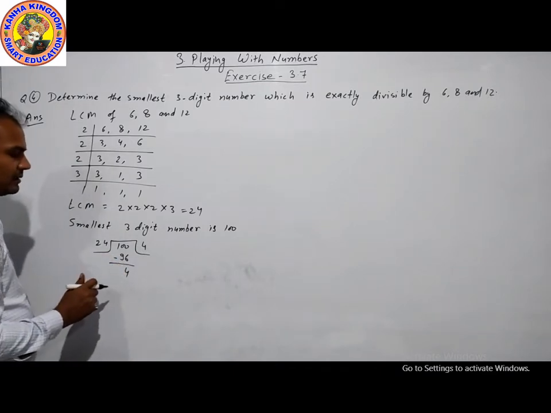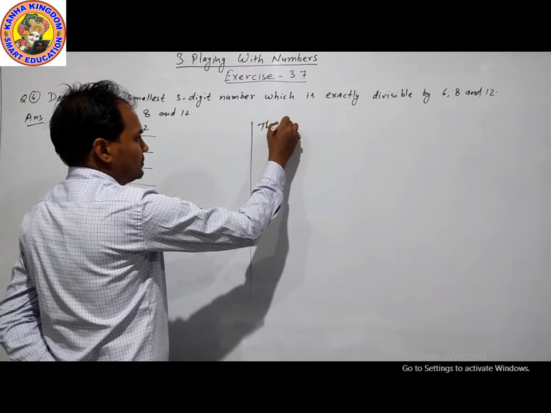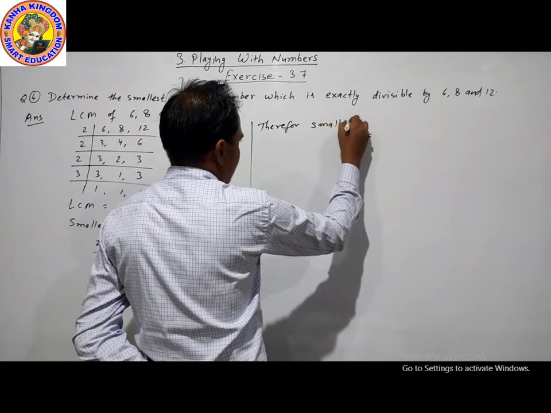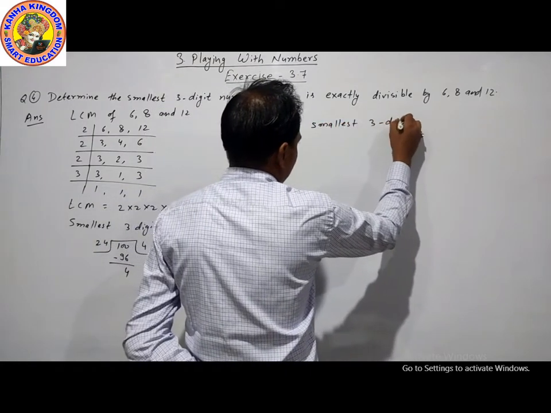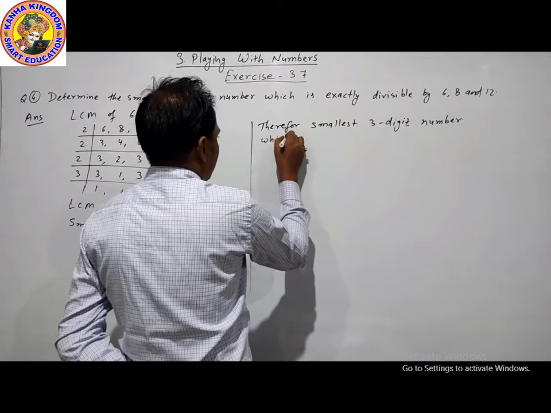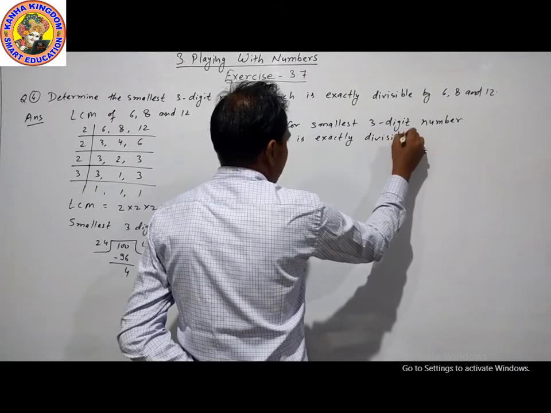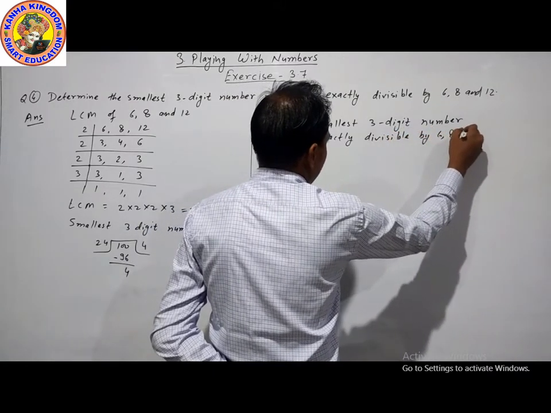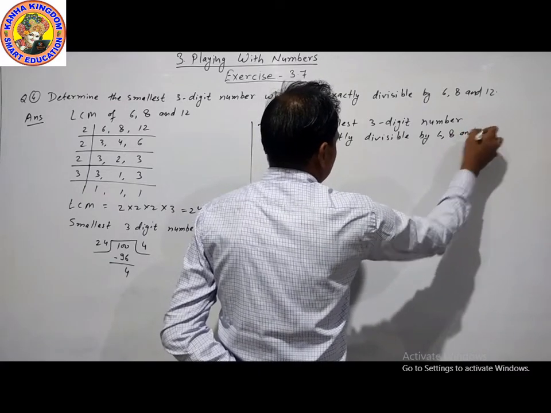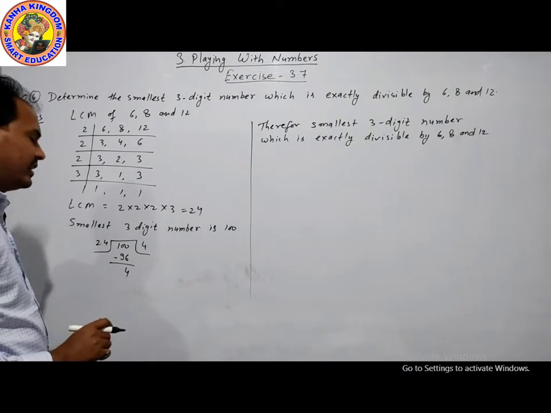So our solution, therefore, is the smallest 3-digit number which is exactly divisible by 6, 8 and 12.